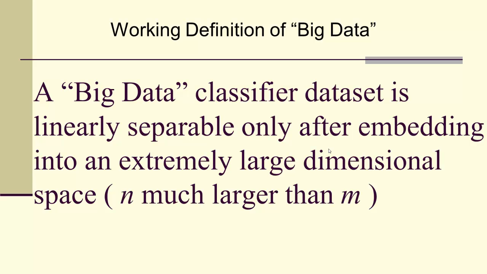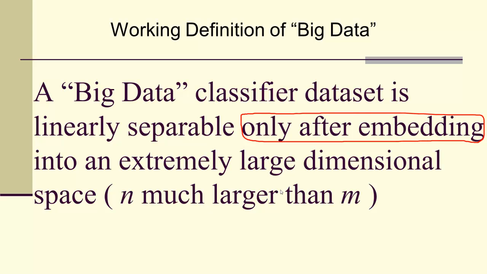Now the key here is that using the data set itself, the m given features, we can't linearly separate. We also can't define one or two or a handful of new variables and accomplish that linear separation. In particular, we get such linear separation only after the embedding.